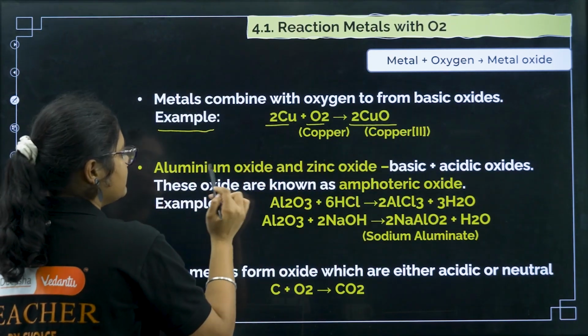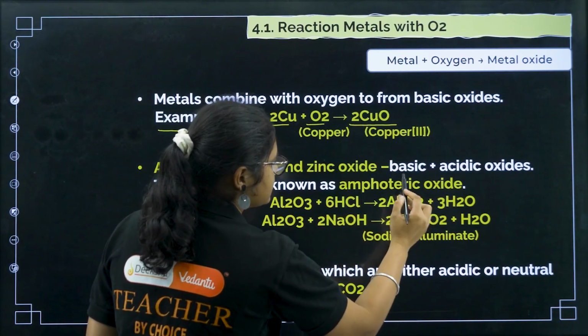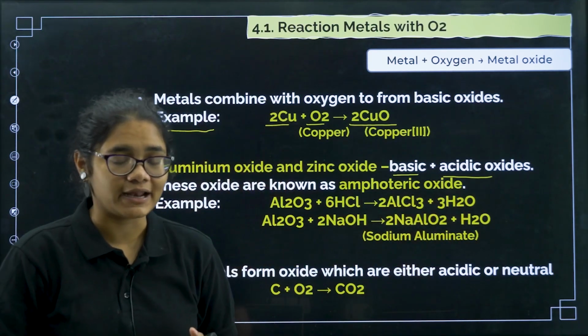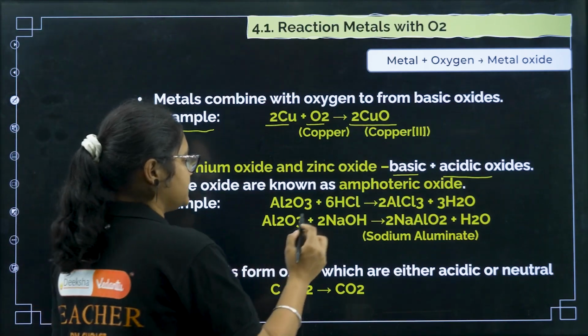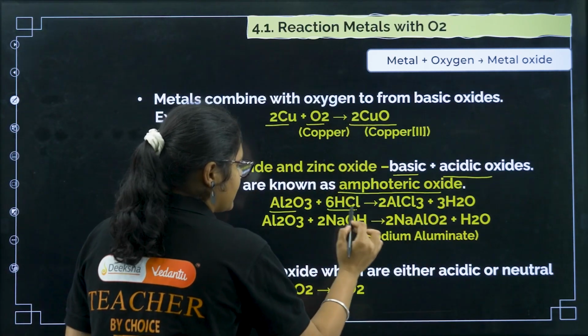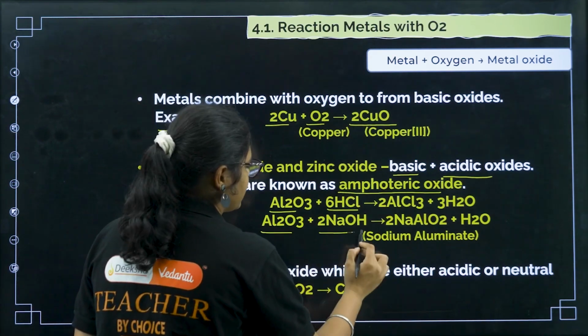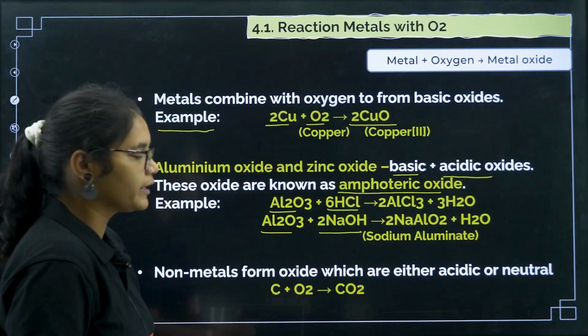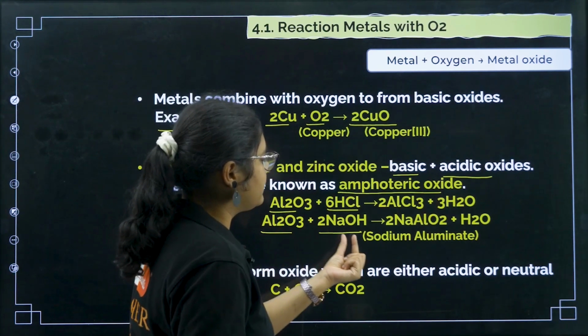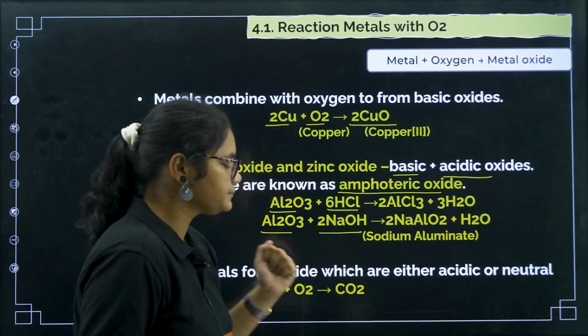Next, aluminium oxide and zinc oxide are both basic and acidic oxides, meaning they have properties of both, and such oxides are called amphoteric oxides. You can see aluminium oxide reacting with HCl and with sodium hydroxide, giving AlCl3 plus water, and NaAlO2 plus water.